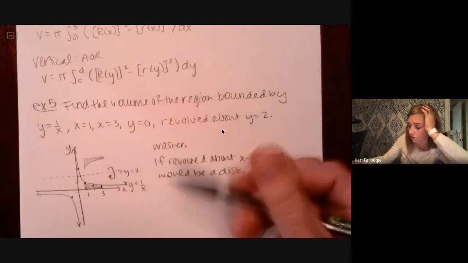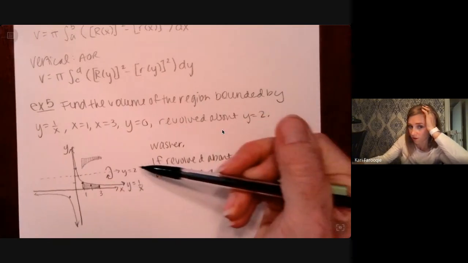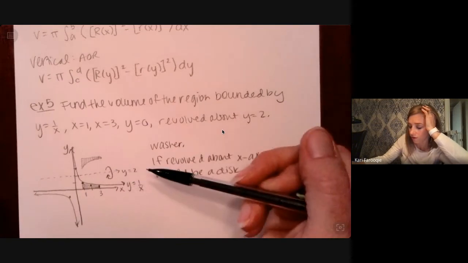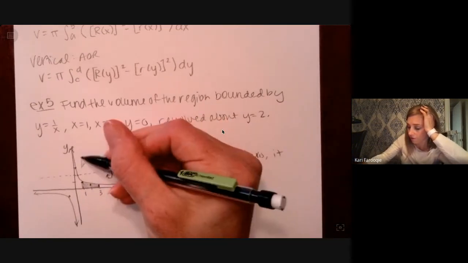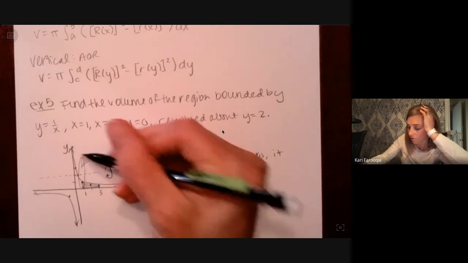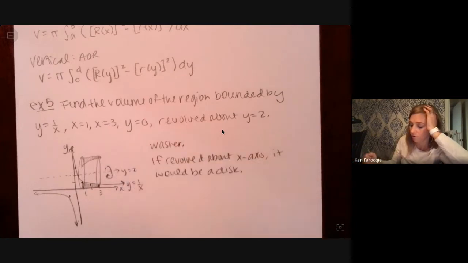But if you looked down the region from this line y equals 2, it would look circular, except there would be a hole in it. So it kind of goes like that. And of course, you're not going to see those pieces. So we definitely have a washer.